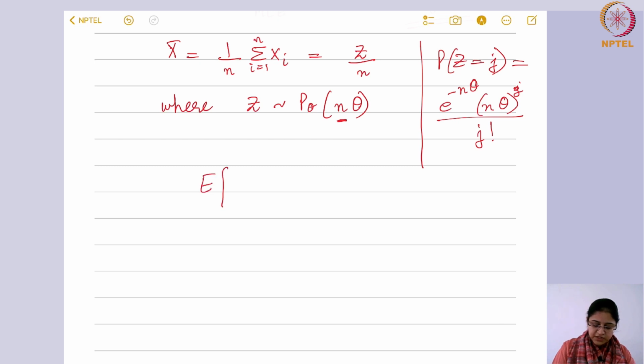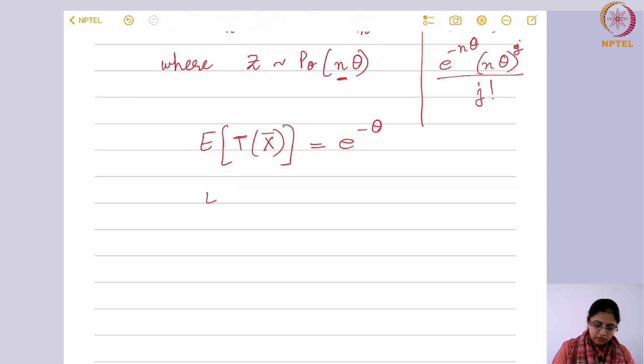Let us start with the expectation of t, a function of the sample mean. Let us consider this, because t of x bar equal to e power minus theta is our area of interest. Now x bar we have defined as z by n. So let us keep that, e power minus theta.